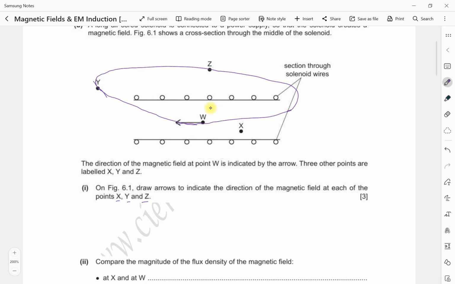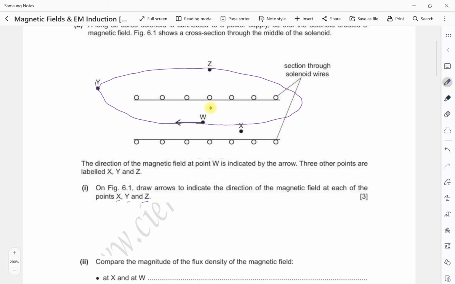I don't think that is good enough. Something like that. So the question is, on the figure, draw arrows to indicate the direction of the magnetic field at each of the points X, Y, and Z.